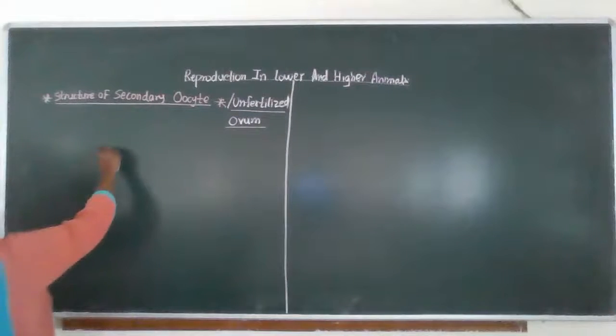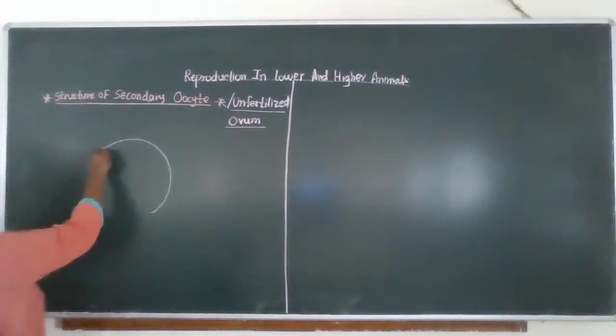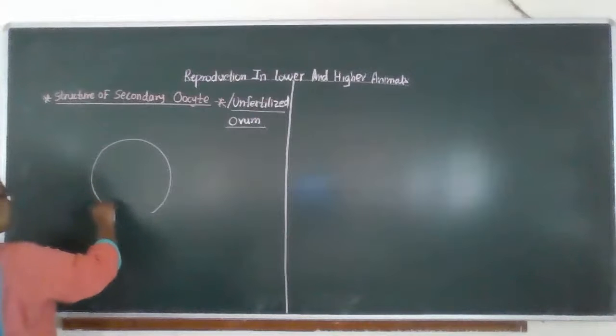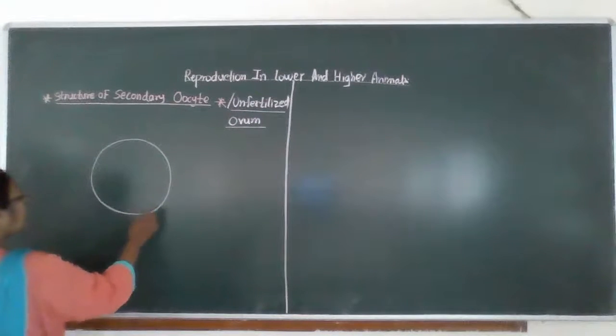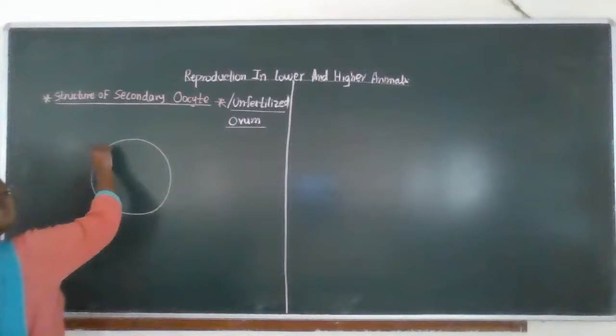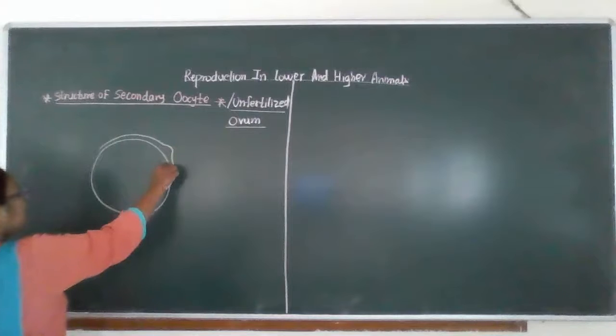Everyone start drawing the diagram with me. The 100 micron sized unfertilized ovum has a plasma membrane or vitelline membrane, also called the oolemma, and a perivitelline space.